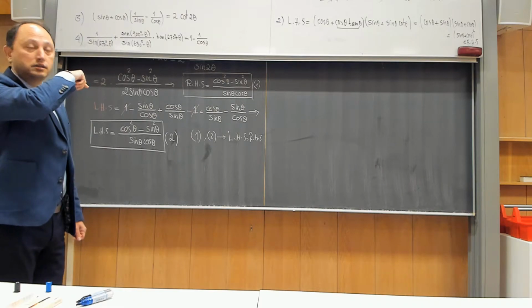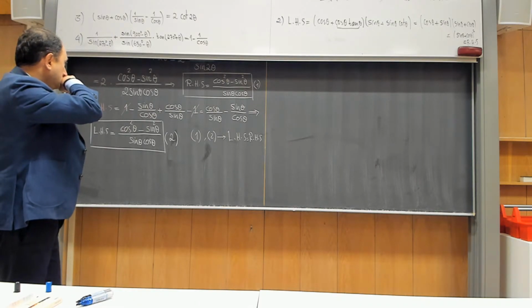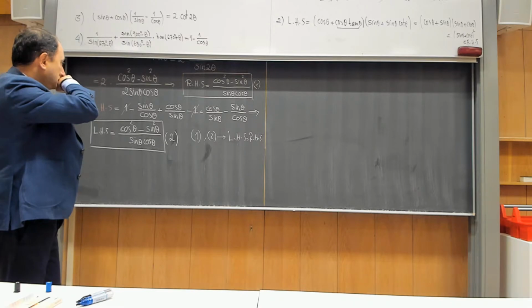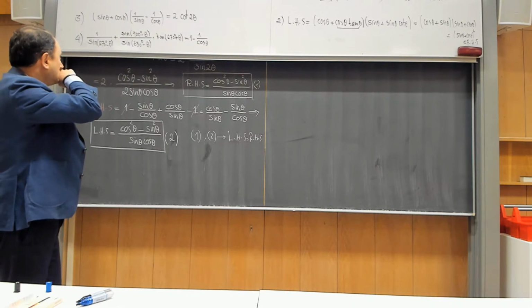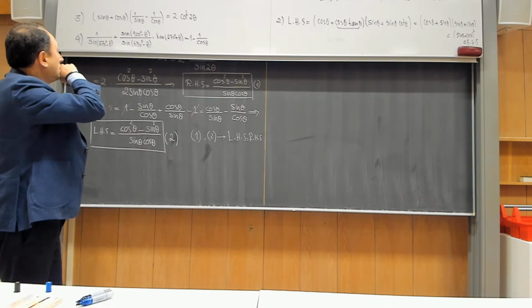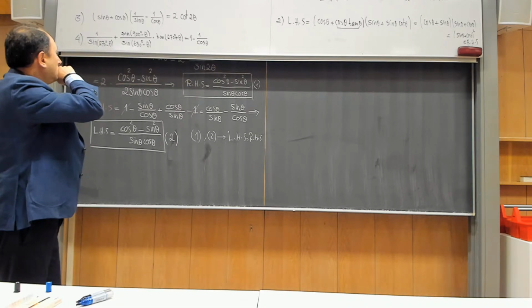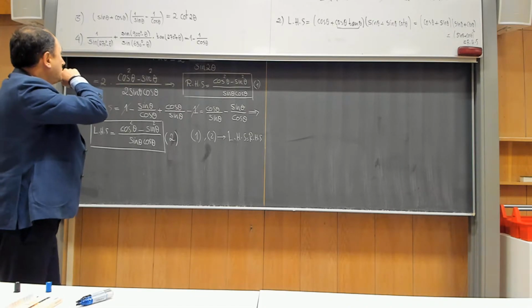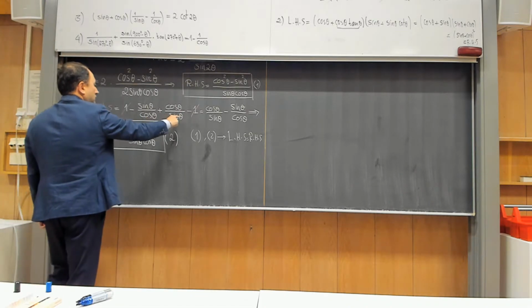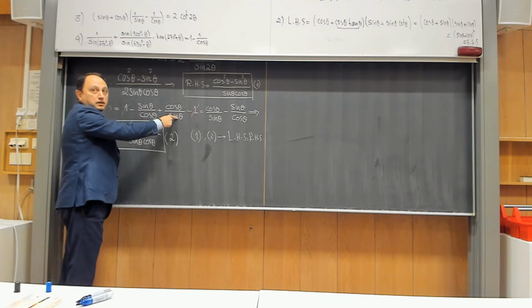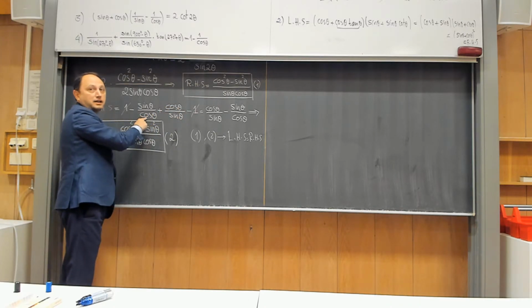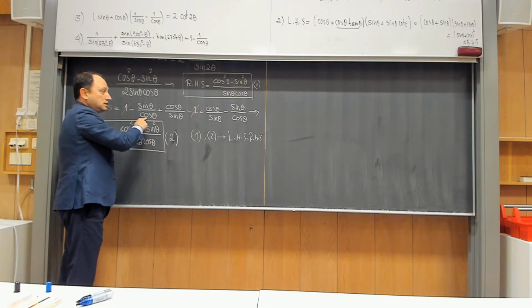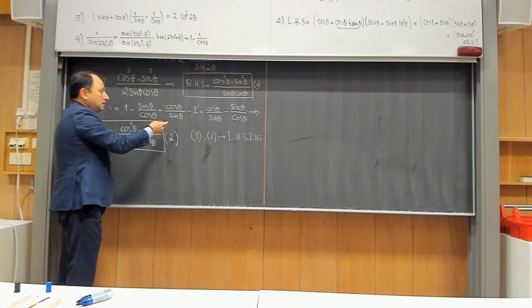Like instead of writing cos x over sin x, you can write 1 over tan x, okay, and then you write cot x instead. So what I understand you are saying is that I should write cotangent of theta here, and then this would be minus tangent theta. Yes, it is correct, but if you write it, then what?